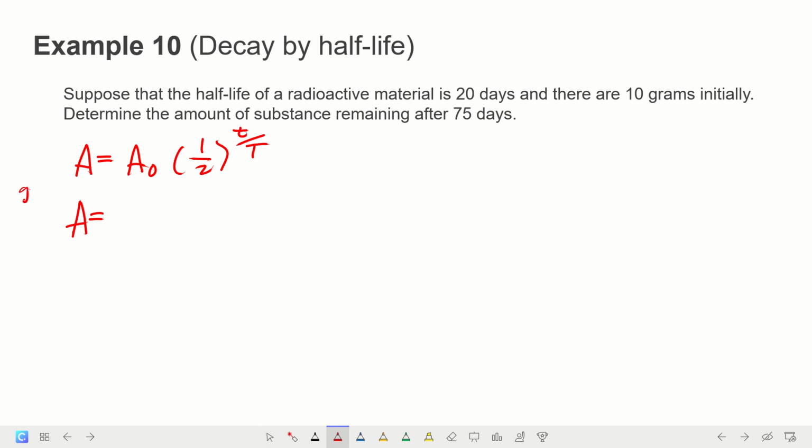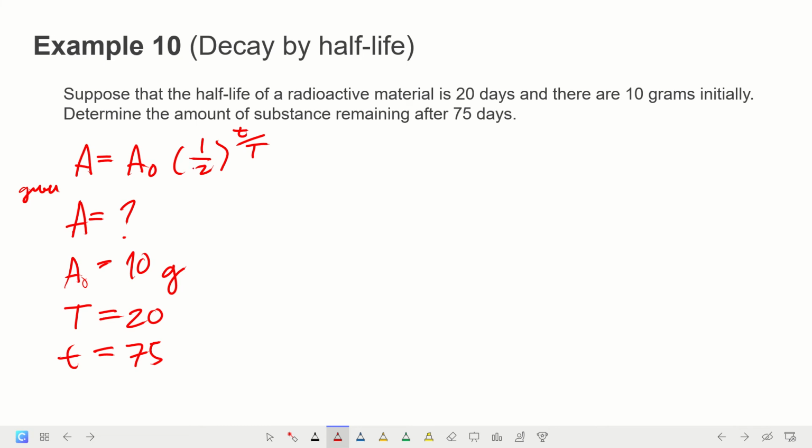A is unknown, the future value is unknown. The initial value is equal to 10 grams. We know the rate, which is 0.5. The defined unit of time is equal to 20 days, and our time interval is equal to 75 days.